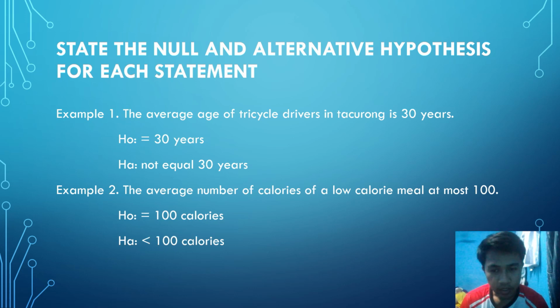So the null hypothesis is equal to 100 calories, while the alternative hypothesis is less than 100 calories. Then that is all about general power of hypothesis testing. So thank you.